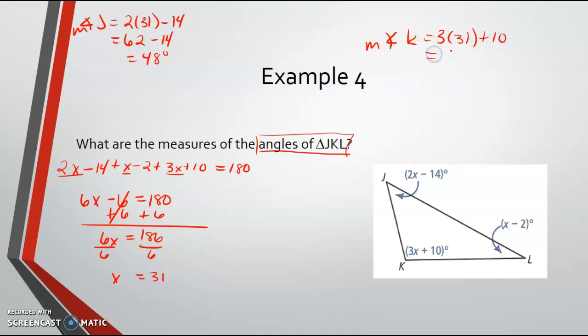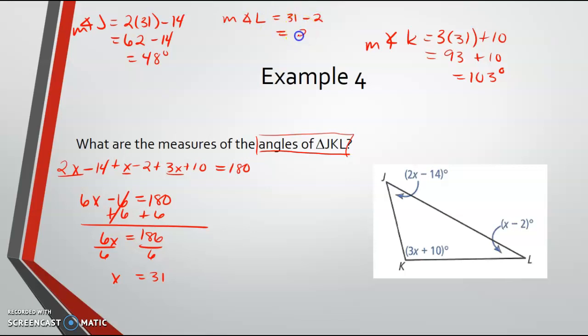And 3 times 31 is 93, plus 10. I second guessed myself there. And 93 plus 10 is 103 degrees.